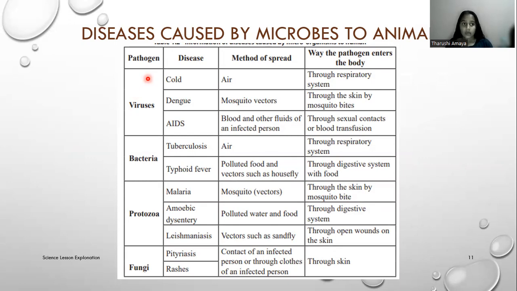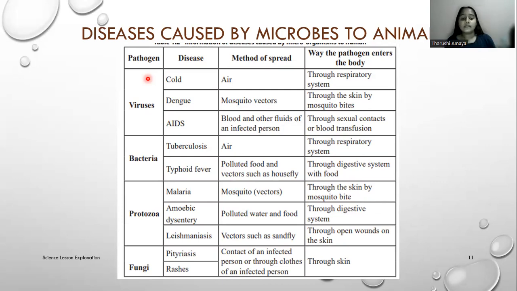Vector means the organism or the thing which carries the pathogen to the host. And the host is the organism which provides its body, inside or outside, as the substrate for the pathogen. Let's discuss this chart.